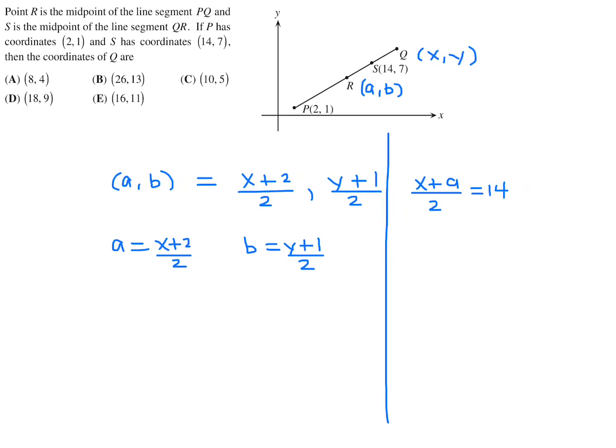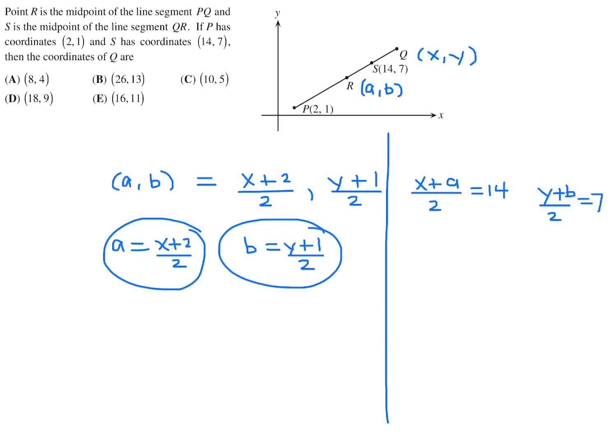And Y plus B over 2 is equal to 7. And then we have values for A and we have values for B, so substitute those in there. So we got x plus 2 over 2 is equal to 14. I'm just immediately going to cross multiply. So we got x plus 2 over 2 is equal to 28, like that.